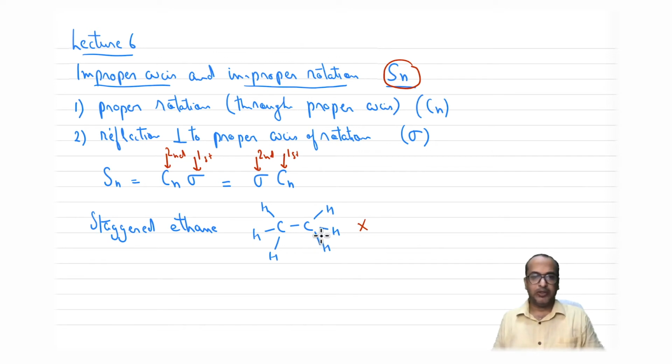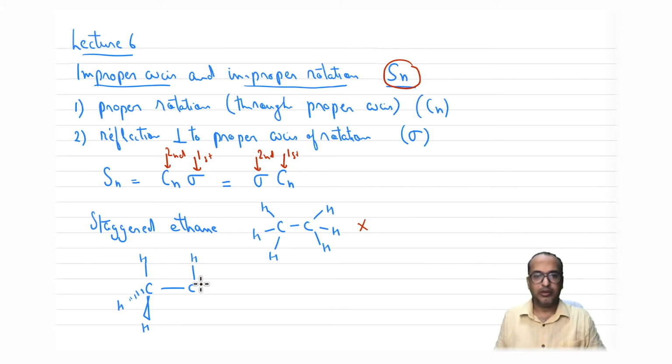So the next best thing you can do is to draw it in a way which also does not give you great details, but it is still better. This one would actually be the eclipsed ethane.